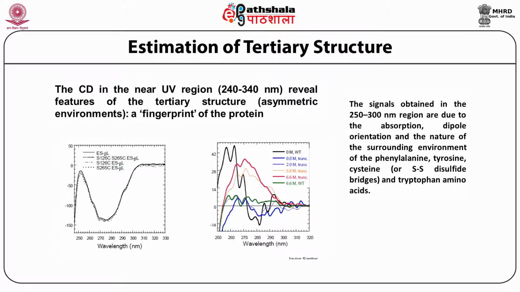You can see here the tertiary structure of some protein, and it also helps to determine changes in the structure upon changing the concentration or the environment of the molecule. The signal obtained at 252 nanometer is due to the absorption dipole orientation and the nature of the surrounding environment of the phenylalanine, tyrosine, cysteine, disulfide bond, and tryptophan amino acids.